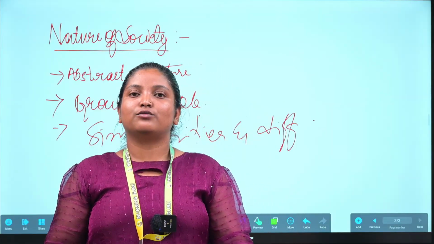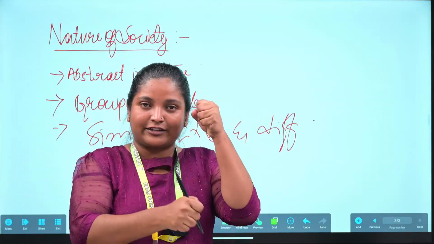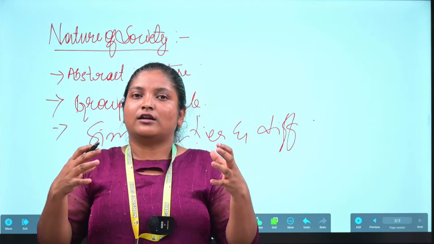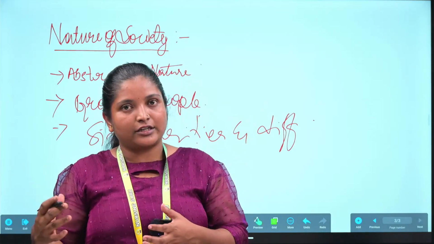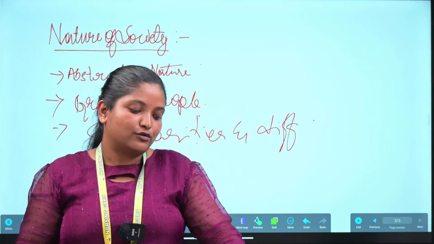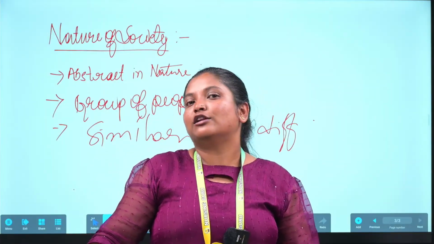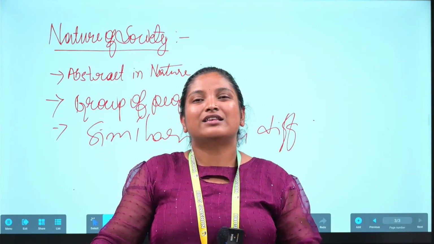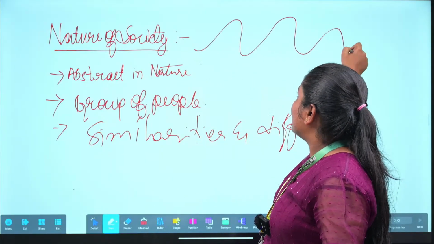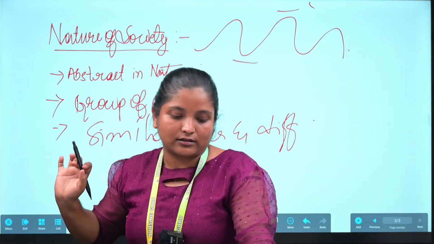Yes, my dear students, in society there will be cooperation and also conflict, which means problems will also be there. People who belong to a certain group or community will also compromise and lead a good life. Some people cooperate in society, some people create unnecessary conflicts. So simultaneously it will be there, like highs and troughs. Sometimes it is very cooperative, sometimes it may be a conflict.